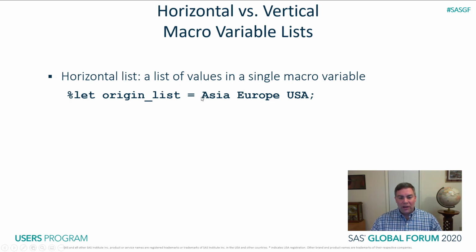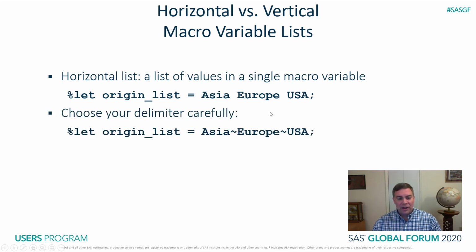This would be a way to represent them as a horizontal macro variable list: Asia space Europe space USA. Now you'll notice I'm using a %LET statement to create the list here, and I'm calling it origin_list. However, our goal is to create this dynamically at runtime, not using a %LET statement. But just to show you how the list would look, I'm just representing it here with a %LET statement.